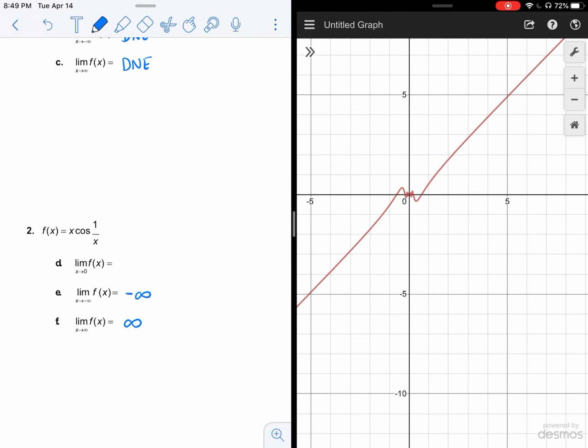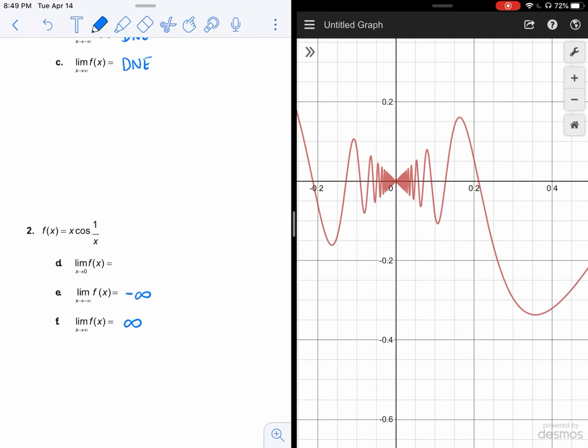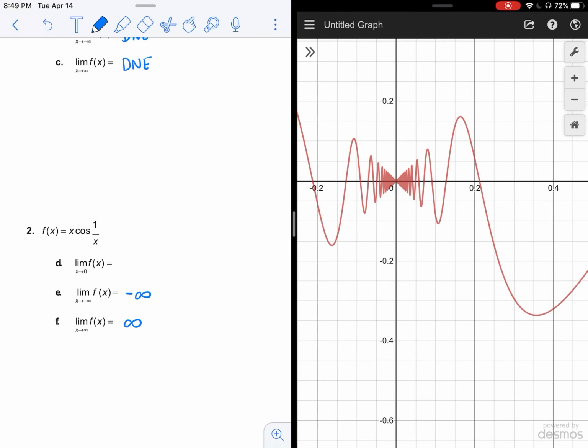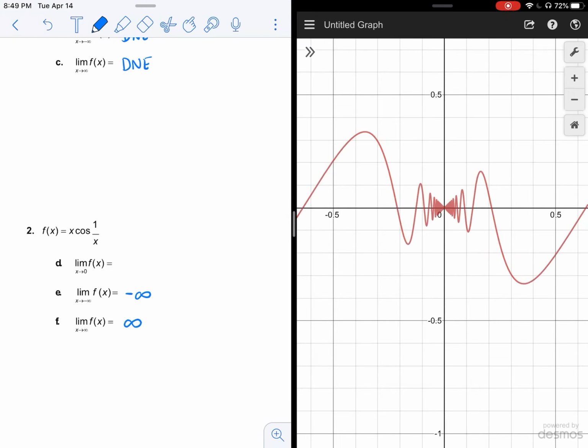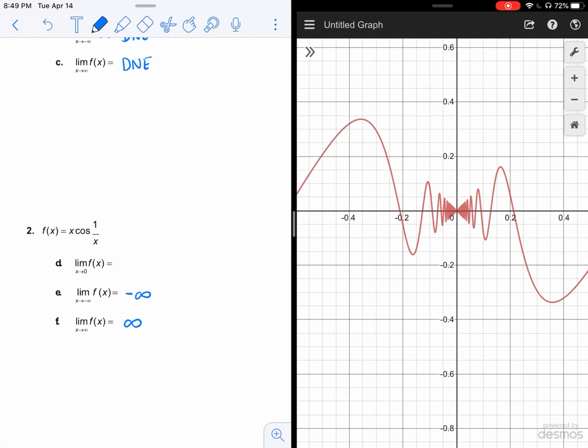So it had that little wave like I told you, and when we look, this is crazy, but it starts oscillating back and forth, but these curves are starting to get smaller.